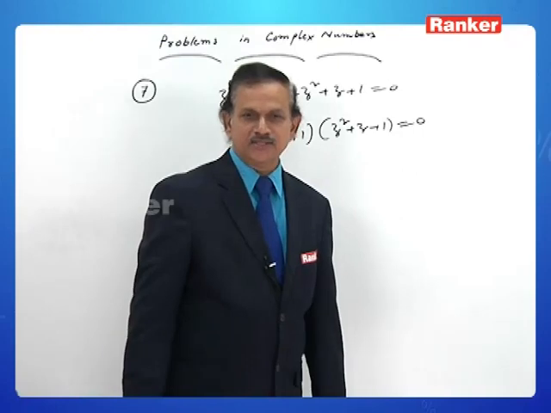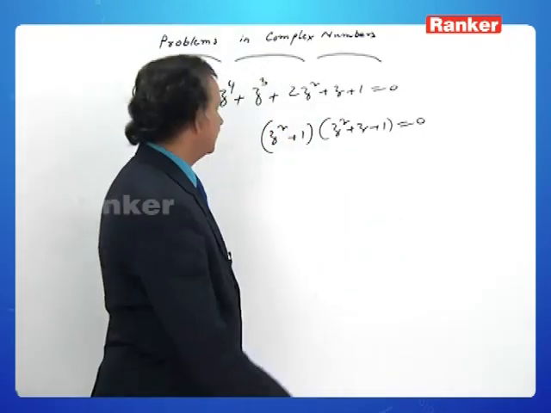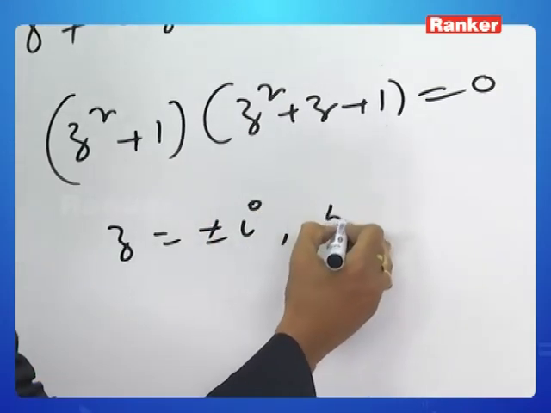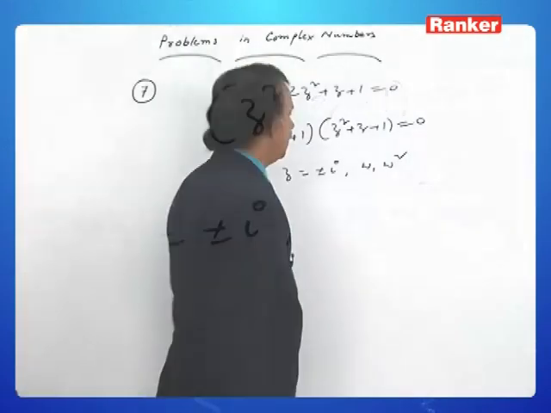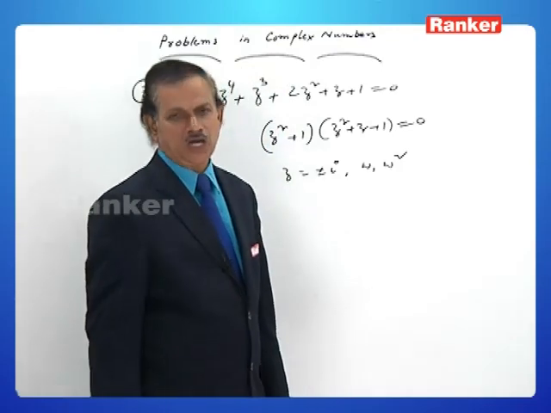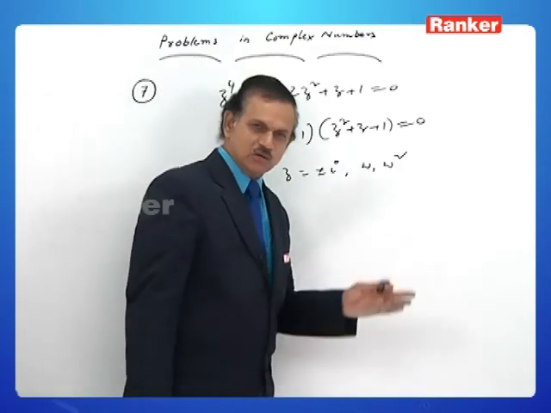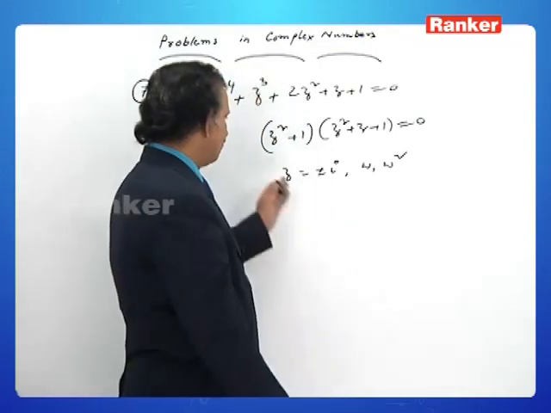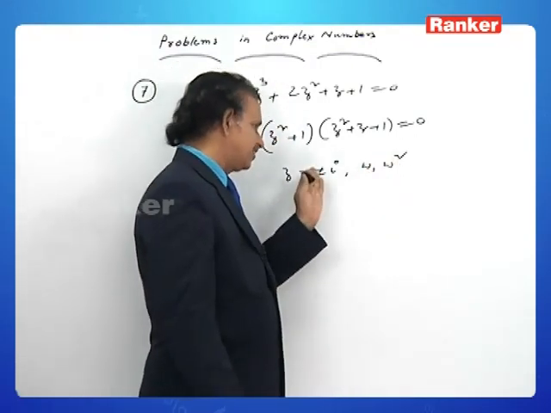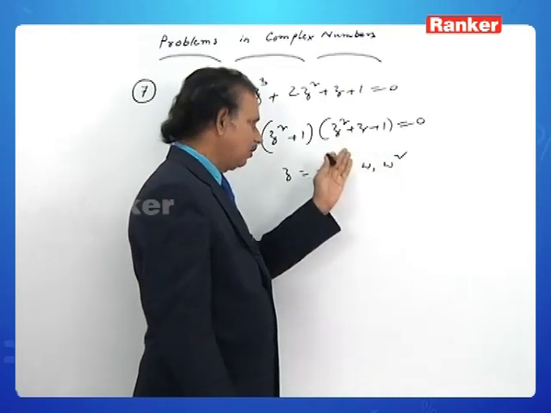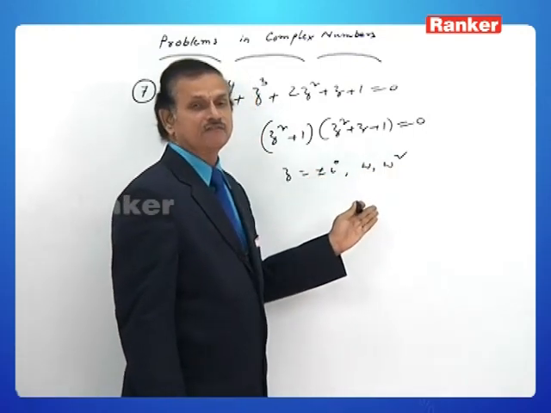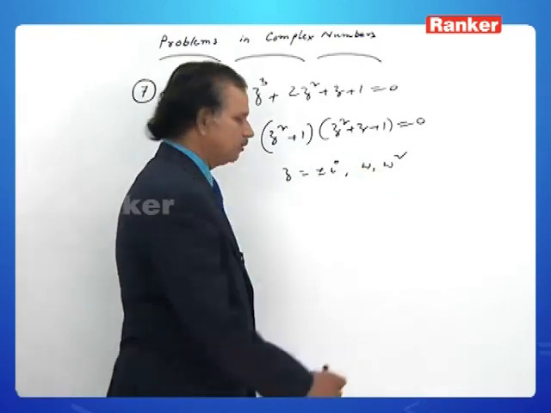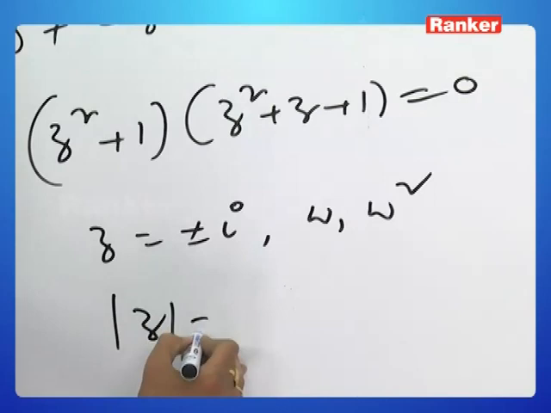And it is an easy matter to look at z is equal to plus or minus I, omega and omega square as the possible values, that is the roots of this equation. Omega and omega square, of course, are the complex cube roots of unity. Whatever might be the value, mod z is always 1.